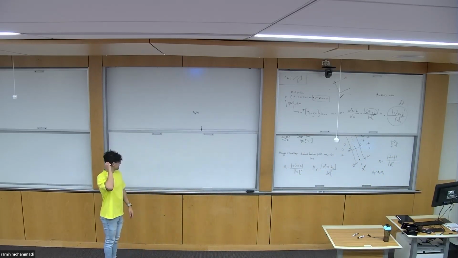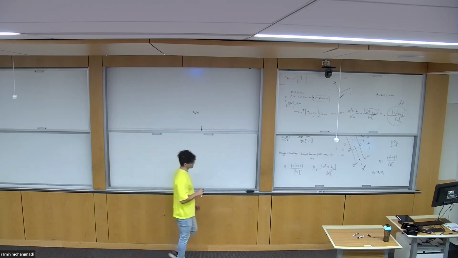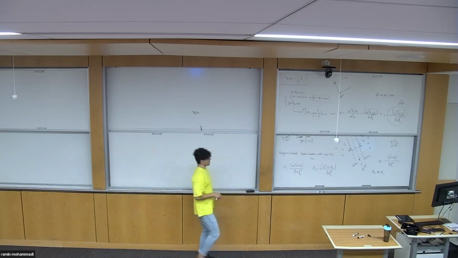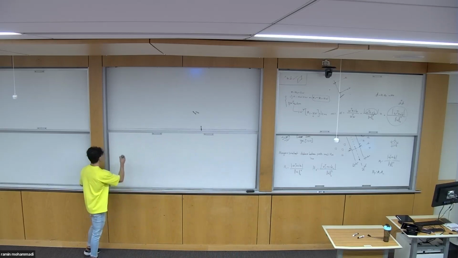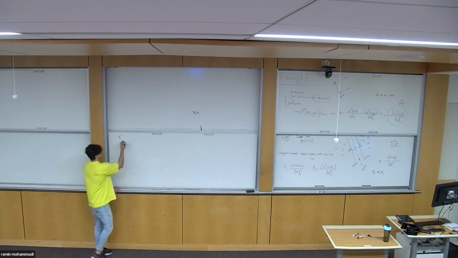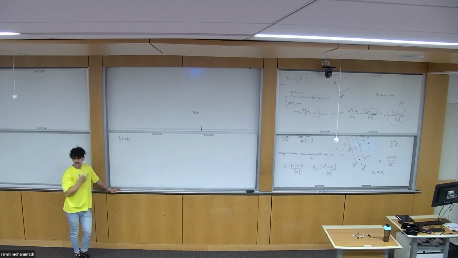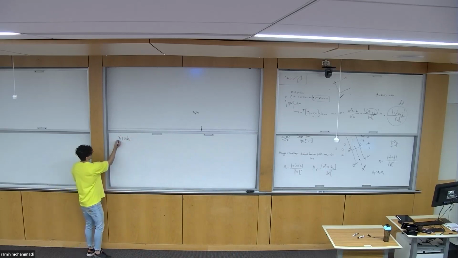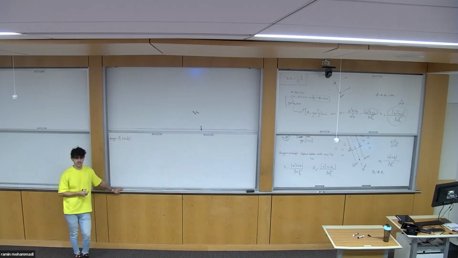All right, so now let's introduce something. Let's define margin by introducing a variable, just a variable, not a random variable. We will say gamma of W and B, and this is going to be the margin.